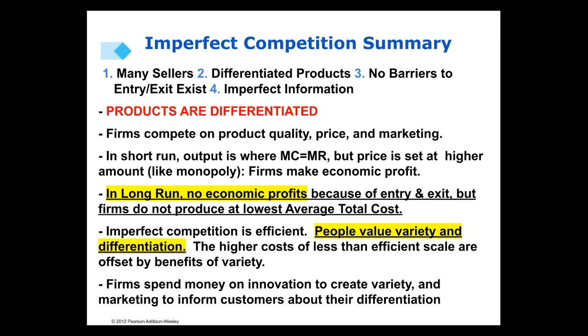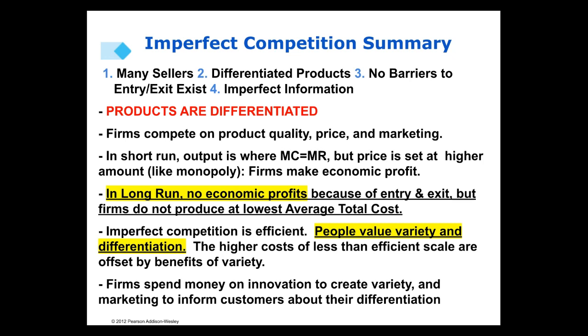Now, even though firms in imperfect competition operate with excess capacity, meaning they're not operating at the lowest point on the average total cost curve, we still consider them efficient. Why do we consider them efficient? Because people value product differentiation.